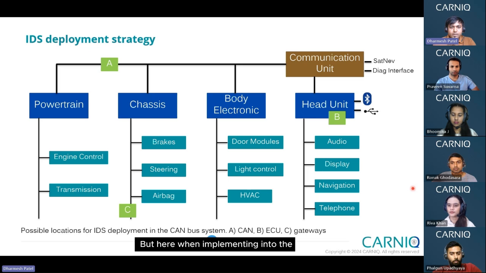In the vehicle you have resource constraints: automotive IDS must operate within limited processing power and memory of the ECUs. Another is real-time requirements: they need to provide real-time detection and ensure vehicle safety. Automotive vehicles mostly use embedded systems, so IDS must be tailored to the specific hardware and software architecture of automotive systems. So this is a little different from IT infrastructure or internet IDS.